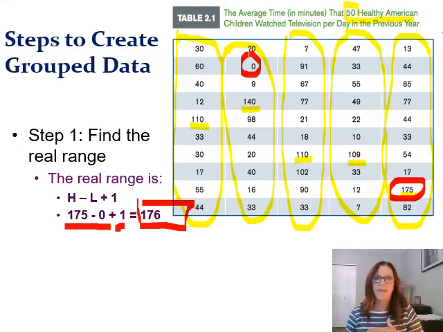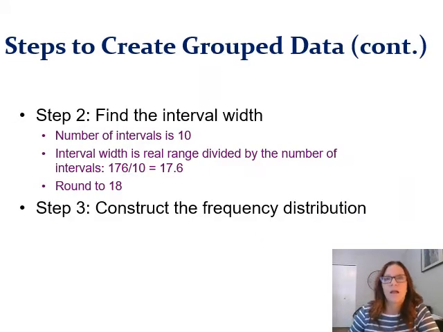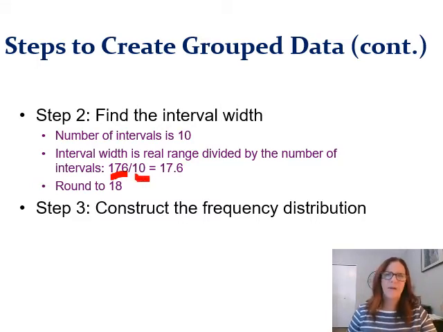We can move on to step 2, which is finding the width. We're going to take the 176 that we just obtained and divide it by the number of intervals, which is 10. Remember, in this class, I always give you data that fits 10 intervals unless I tell you otherwise.